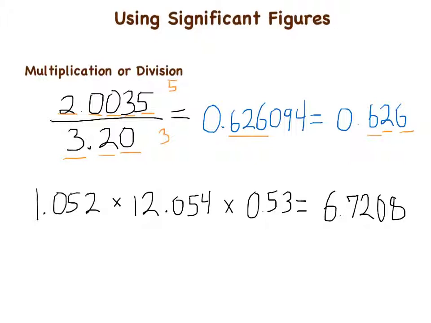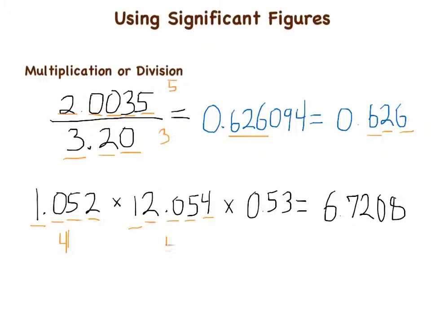Now we have to make sure that we're putting the right amount of significant figures in the answer. To figure out, we have to look at how many significant figures each of these numbers has. The first one has 1, 2, 3, 4. That's a 4. This one has 1, 2, 3, 4, 5.